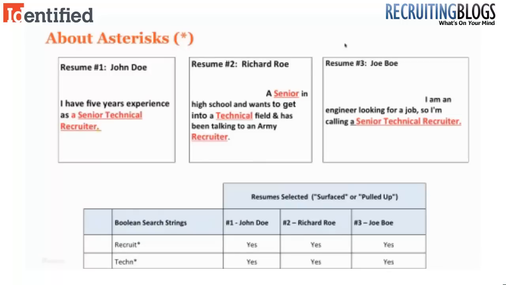It'll also pick up technology, technicality, any word that starts with TECHN. And you're going to find that as you get into using these Boolean search strings, this can come in quite handy. So you get all yeses there for both of the Boolean strings. So let's go to the next slide.